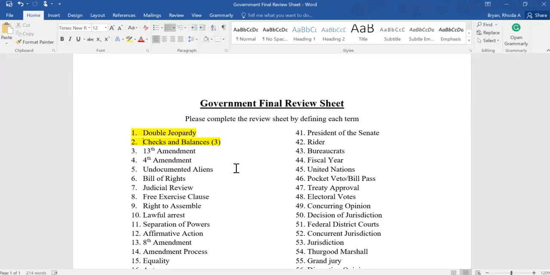If the president is vetoing a bill, that's obviously part of checks and balances. If the Supreme Court declares a law unconstitutional, that's obviously a check and balance. But something that wouldn't be is if the president makes an executive agreement, or if Congress makes some type of decree that doesn't involve any other branch. That would be an example of what is not the checks and balance system.